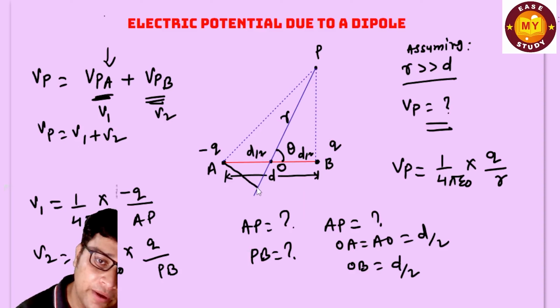Why am I taking a perpendicular? Because I can easily apply the right angle triangle formula.